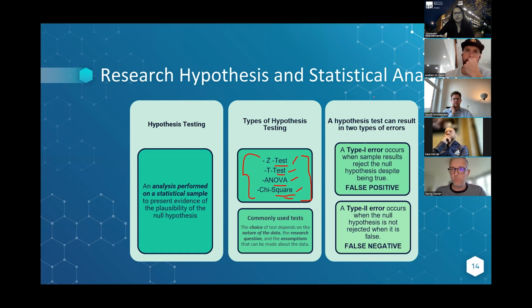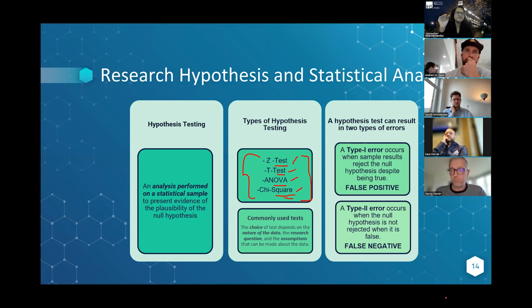And then after you perform this statistical test, you have to be careful because we can find two different kinds of error when we are testing this hypothesis. We call it a type 1 error when the sample results reject the null hypothesis despite it being true.